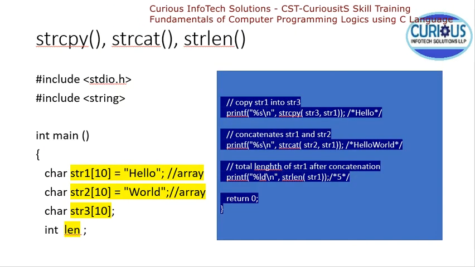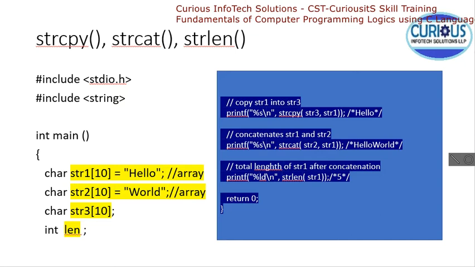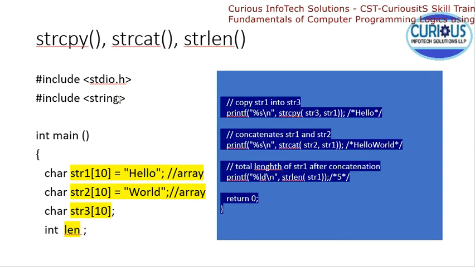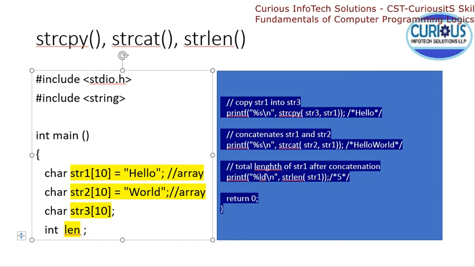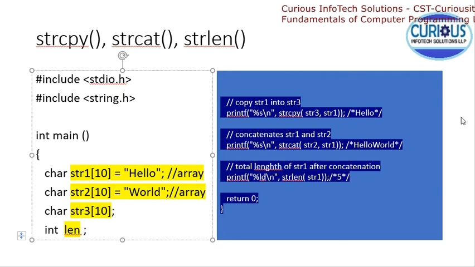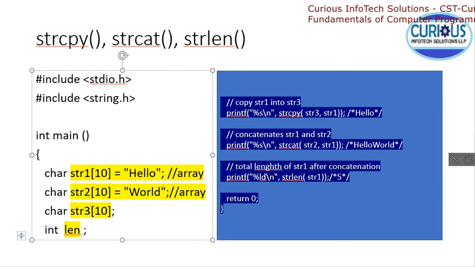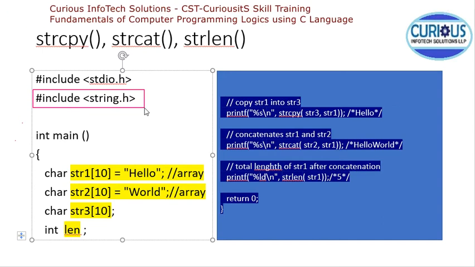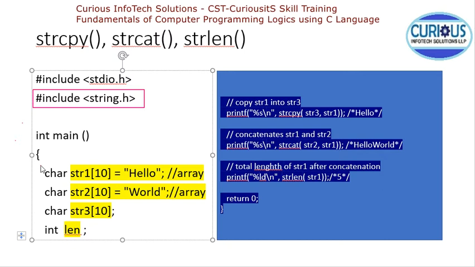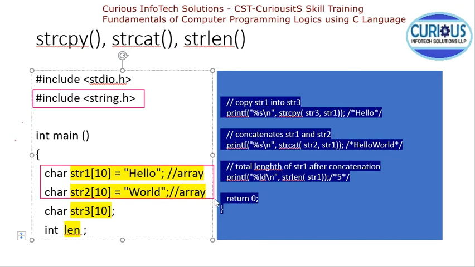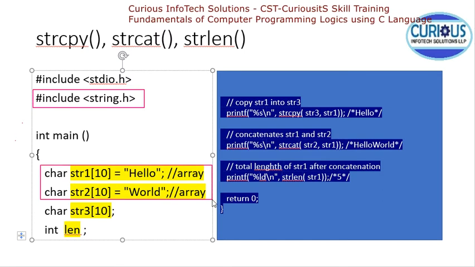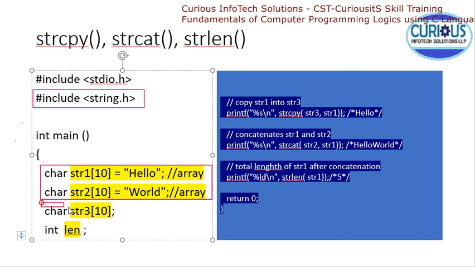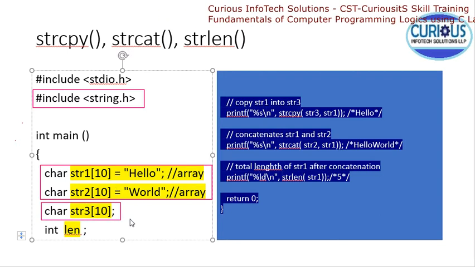Now let's say I have string.h. Now this is your string.h. Okay. We should use string.h. In this, let's say you have two strings in an array, known as hello and world, and the third string is an empty string.